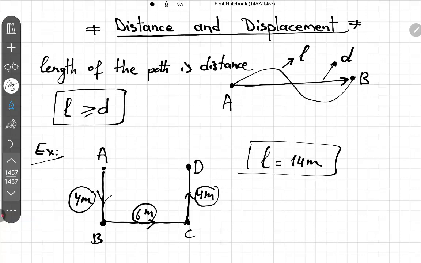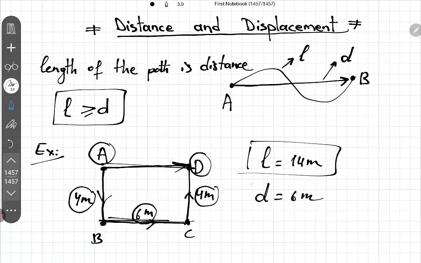We said that the displacement is the shortest distance from the initial point to the final point. The initial point is A, and the final point is D. The shortest distance between A and D, we should draw a straight line, so this one is displacement. And you see that this line is parallel to the BC, so they are equal to each other. Then the displacement equals 6 meters.